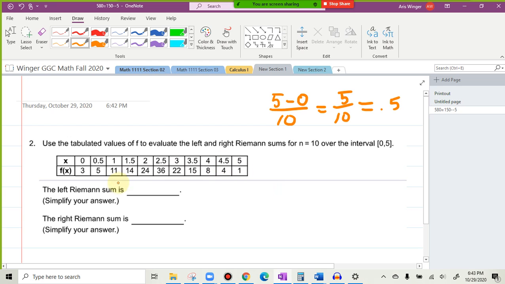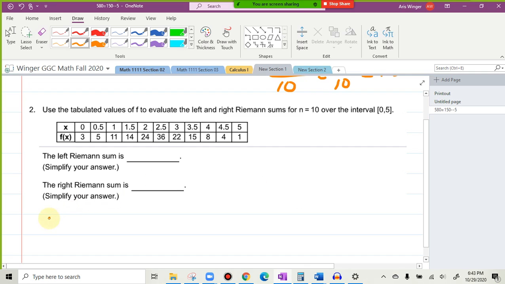So the left Riemann sum, let's do the left endpoint method. By the way, Riemann is a mathematician back in the day.